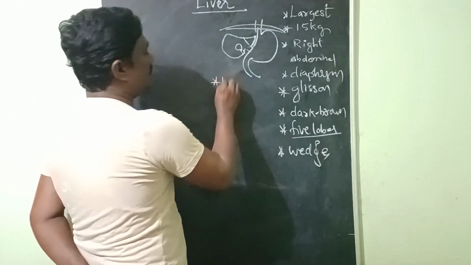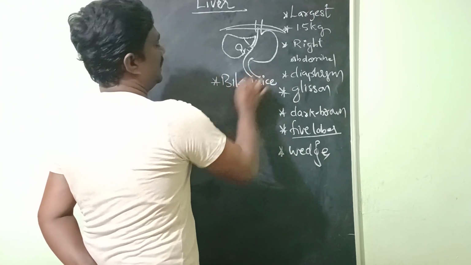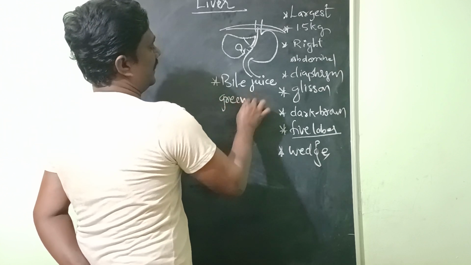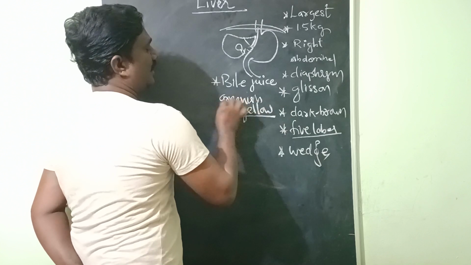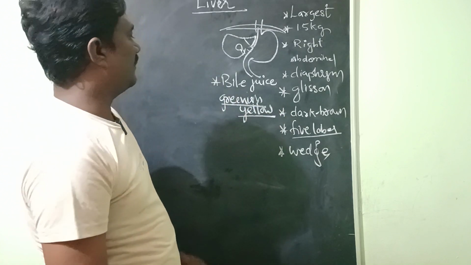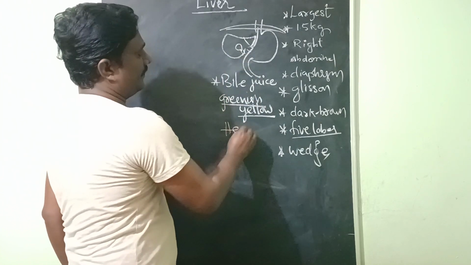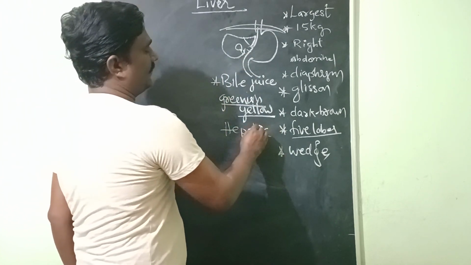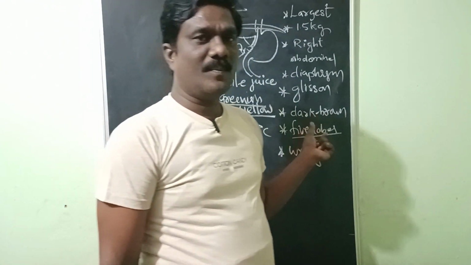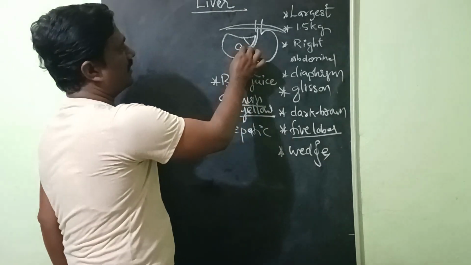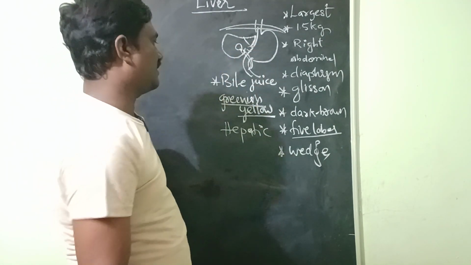It secretes bile juice, a greenish yellow colored liquid. Hepatic cells of the liver secrete the bile, which is stored in the gallbladder. From here it reaches the duodenum.